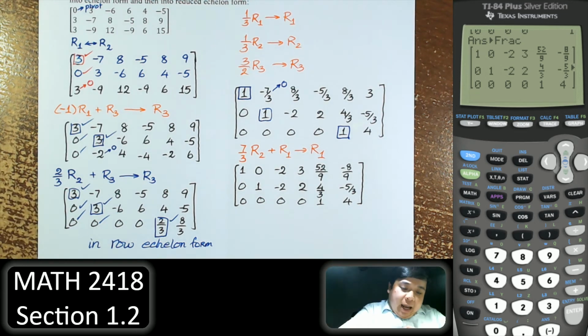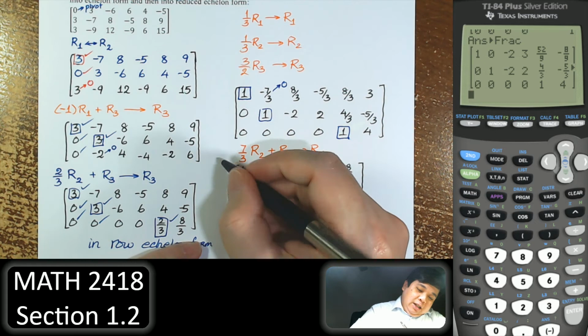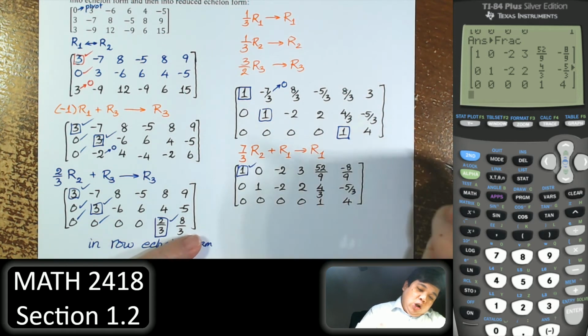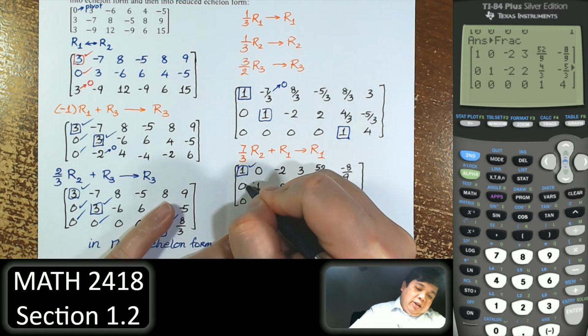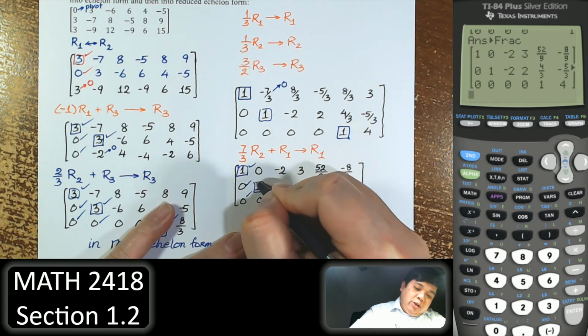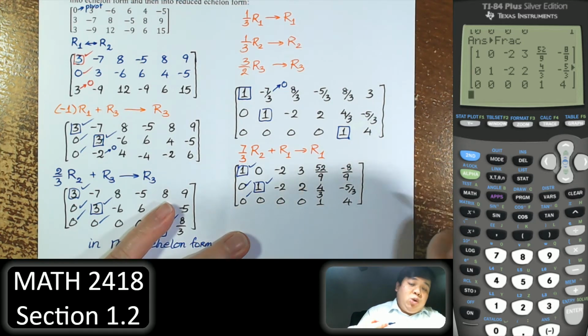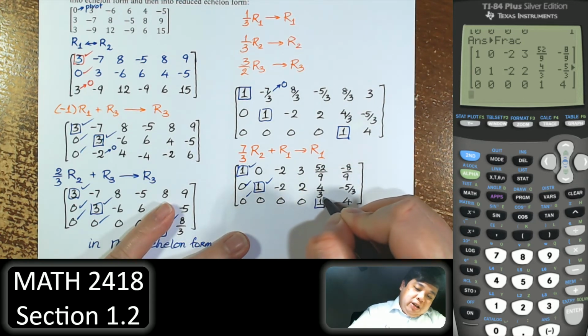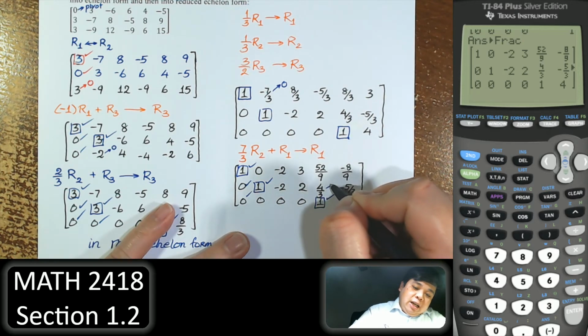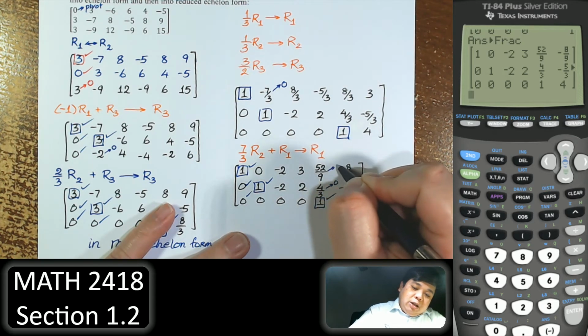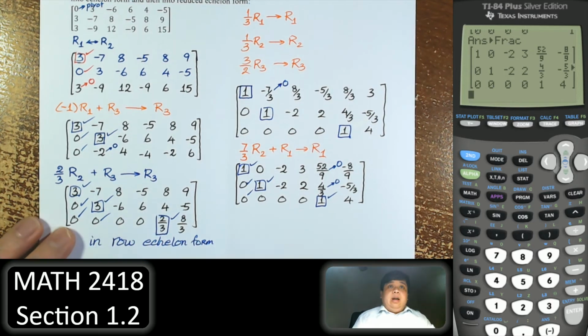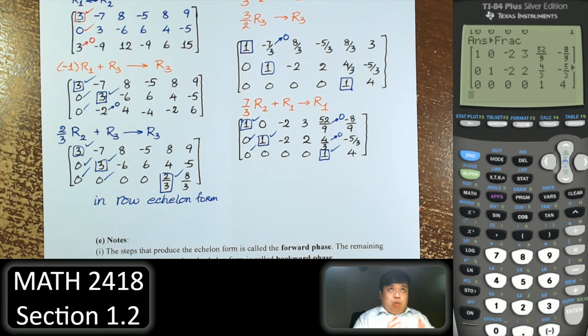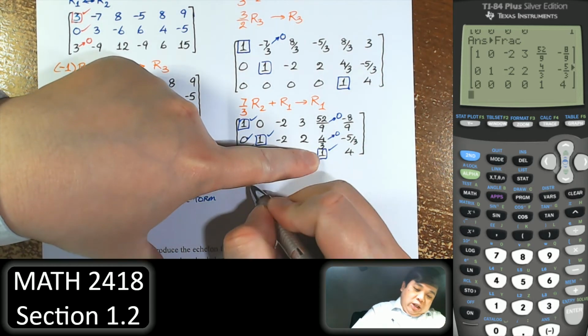Right, now what do we need? Well, pivot entry, everything else 0. Pivot entry, everything in that column 0. Good. Now on this pivot entry, this has to be 0, this has to be 0. And to do that, we have to base on the pivot, which is on row 3.